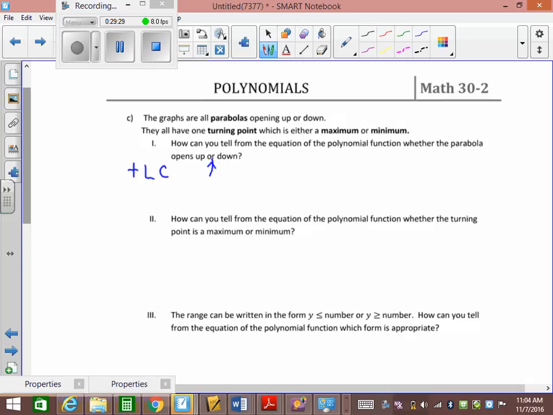If it's up on the right, it's also going to be up on the left, because quadratics, as even functions, open in the same direction with both arms. So if it's a positive leading coefficient, it's going to open up. If it's a negative leading coefficient, it's going to be down on the right, which means it's going to be down on the left, so it opens down.